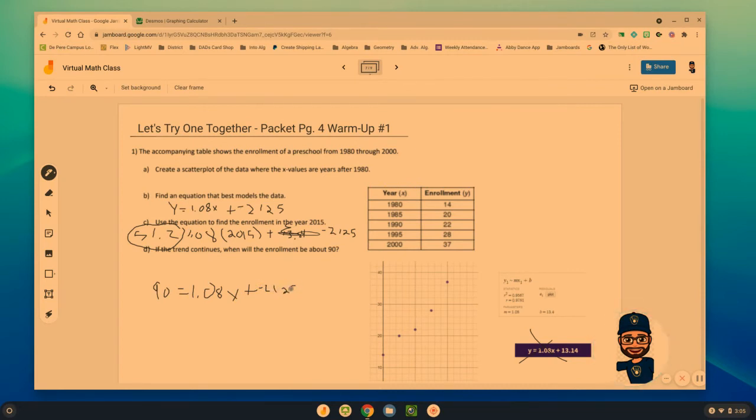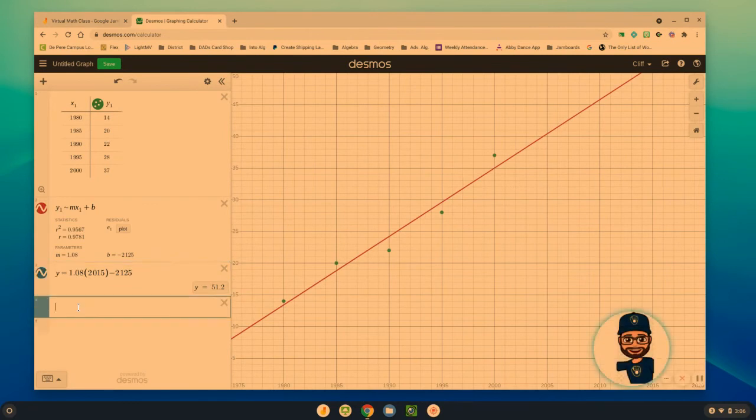Now again, we can use algebra to work backwards and solve, or we can go over here and say 90 will equal 1.08x minus the 2,125. Now you'll notice it doesn't necessarily give me a specific value. So instead, when will y equal 90?